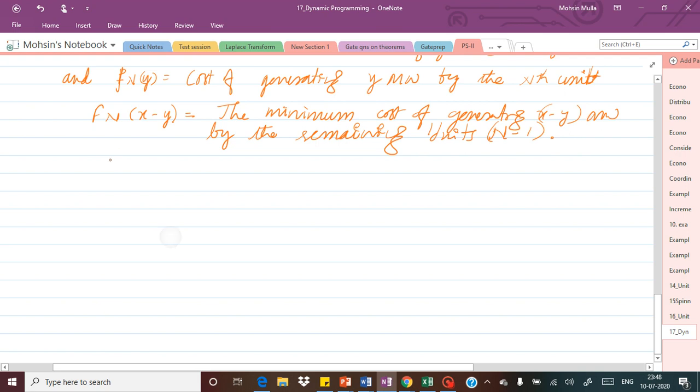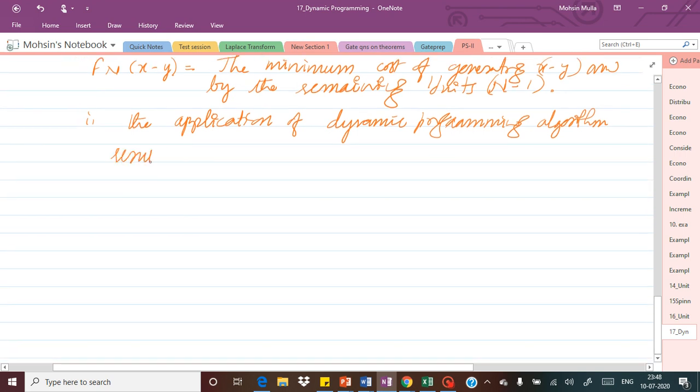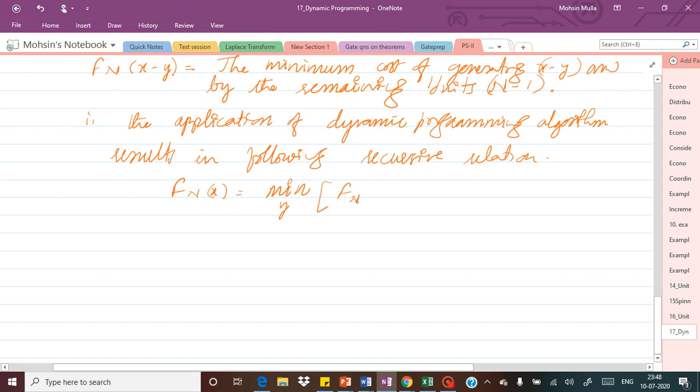Therefore, the application of the dynamic programming algorithm results in the following recursive relation, which is Fn(x) equal to minimum of F(n minus 1)(x minus y) plus fn(y).